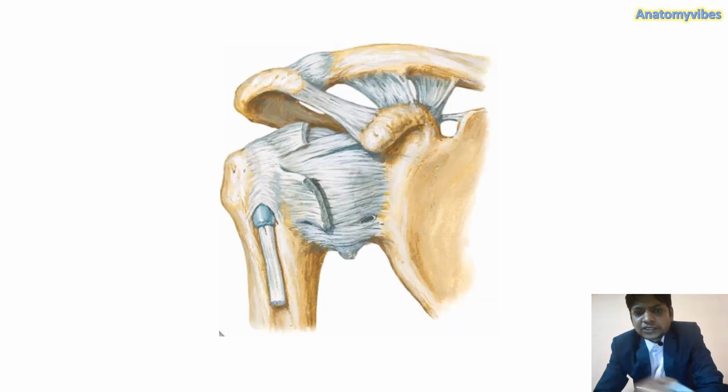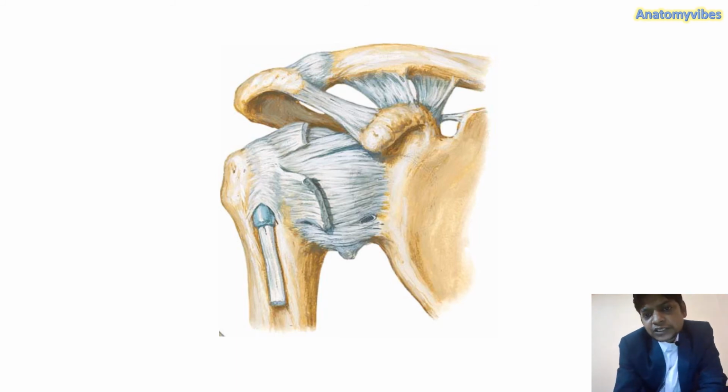Now, ligaments you have already studied. Just see this picture, it will be more clear. So here you can see the clavicle, coracoid process of the scapula. This is acromial process of the scapula. You can see the ligament.